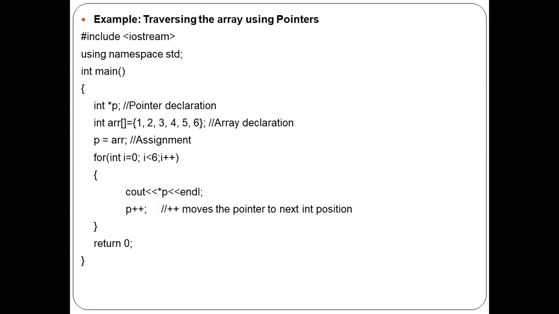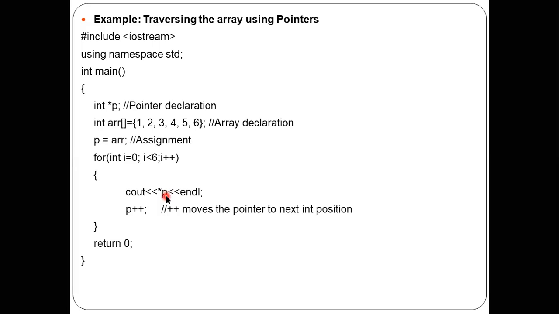When the values need to be retrieved, we need to assign this value. So while assigning the array to a pointer variable, we have mentioned int star p, which will hold the address location. While displaying, we display not only the address location but the actual value.